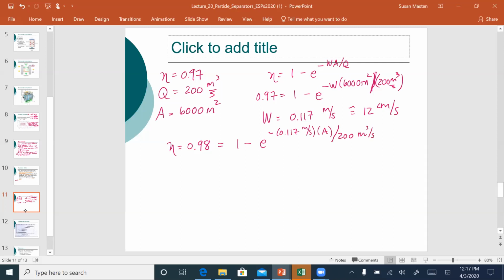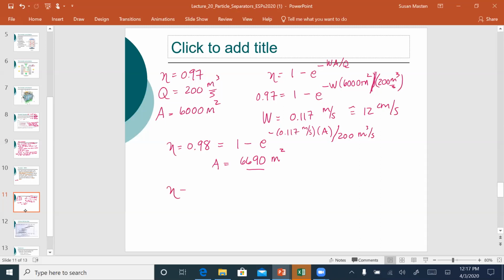And if we solve this, the area is almost 6,700 meters squared. So basically we're adding about 700 square meters of area in order to achieve 98% removal.